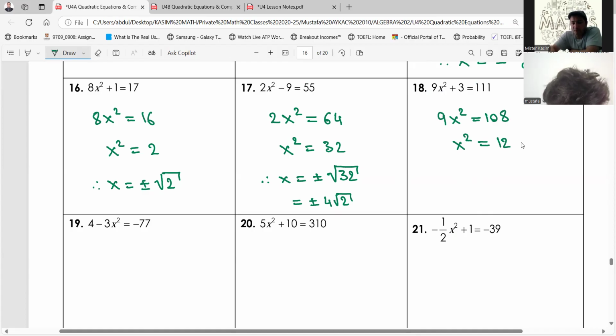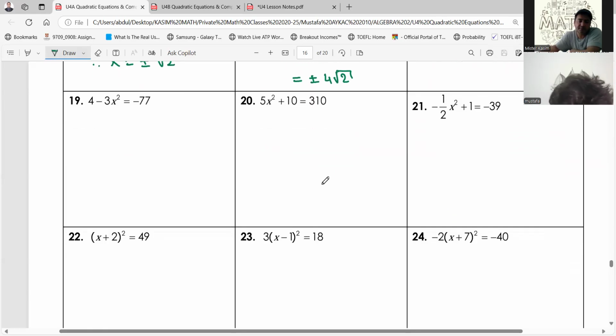I see here 12, Mustafa. I can write it immediately as 4 times 3, right? You see, 4 is a square number. Then what is x? 4 times square root of 3. No, plus or minus 2 times square root of 3. Oh, two, yeah, my bad. Because the square root of 4 is 2, and the square root of 3 stays as square root of 3. Okay.